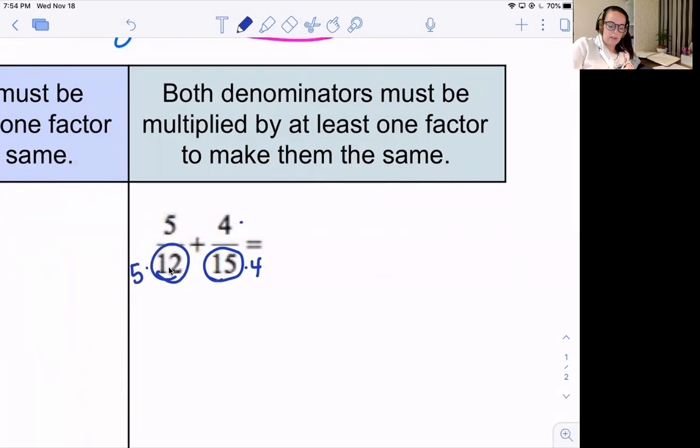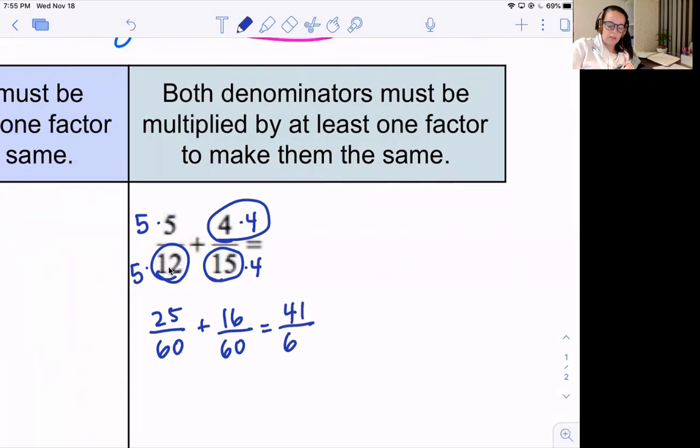So I'm thinking here, okay, I'm going to multiply each of them by their respective numbers. So I'd have 25 over 60 plus 16 over 60, and that would give me 41 over 60, right? And that would be my answer.